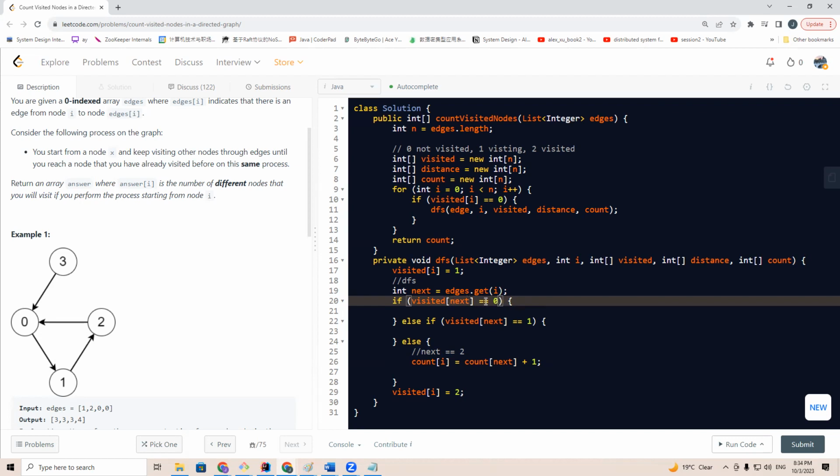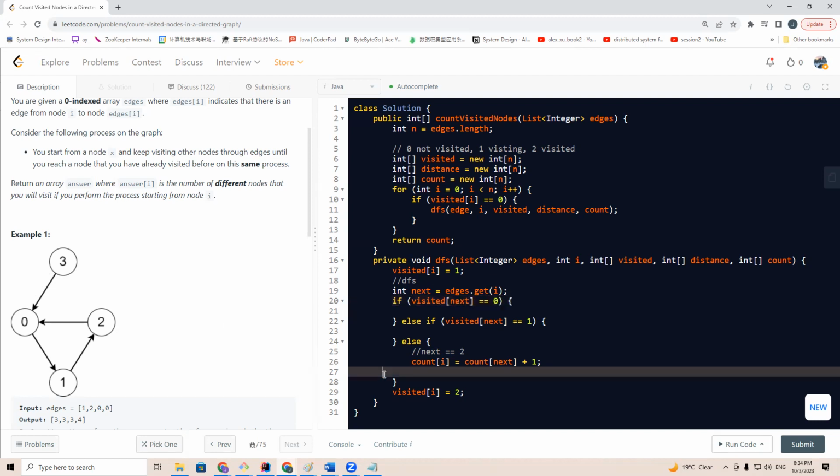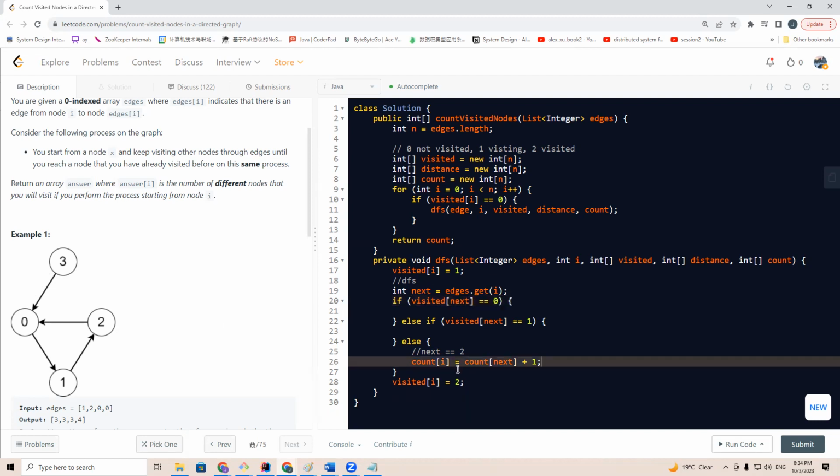But if this is 0 and we do the DFS, all the route up to that will be marked as 2, right? So if next equals 2, that means for all of the next part, next node, it already finished DFS.